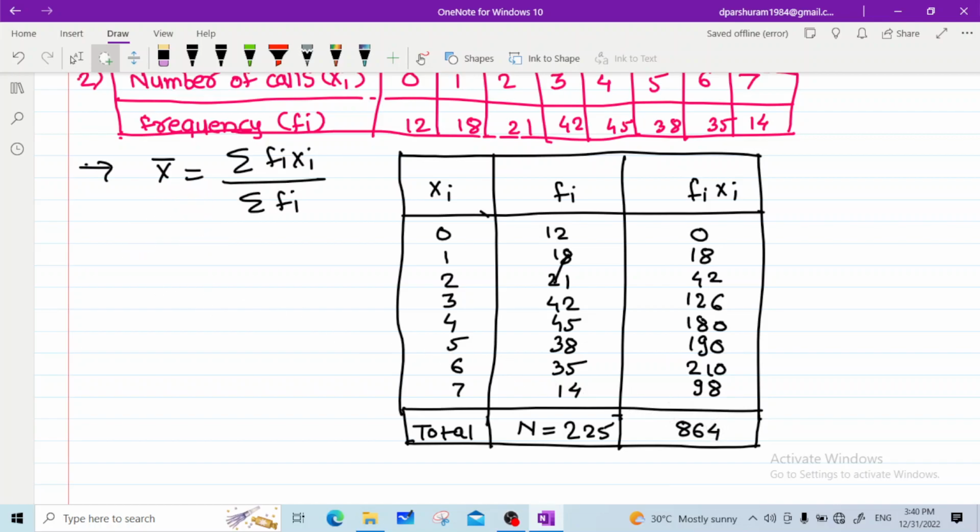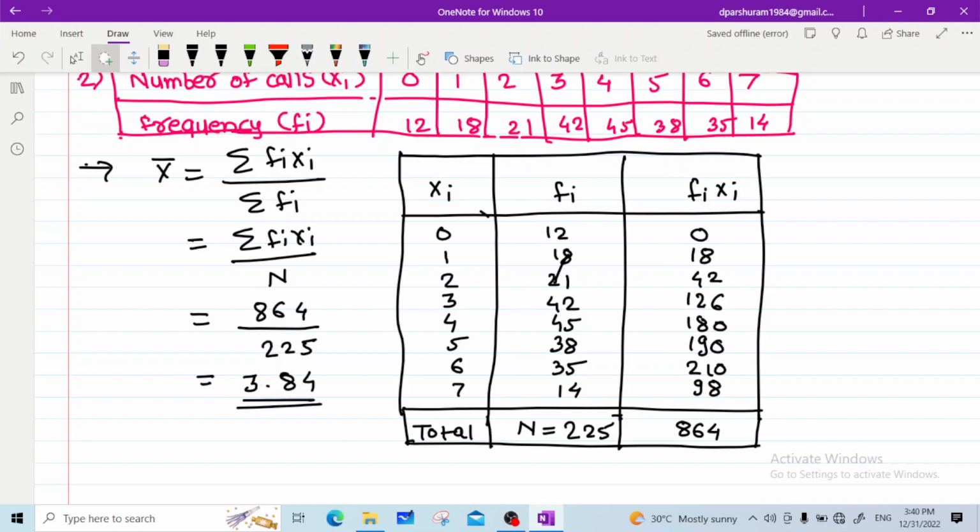Then we put these values in the formula: summation fi xi divided by N, which is 864 divided by 225. When we divide 864 by 225, we get the answer 3.84. This is our final answer.